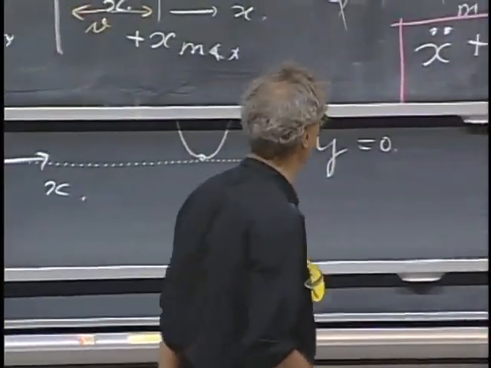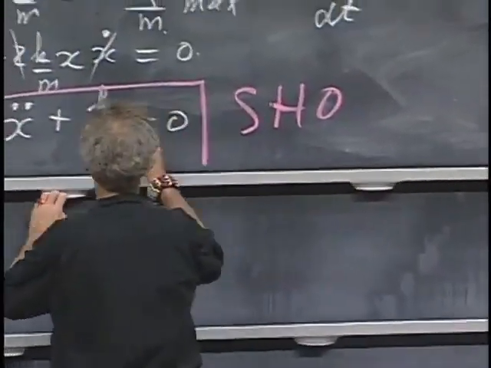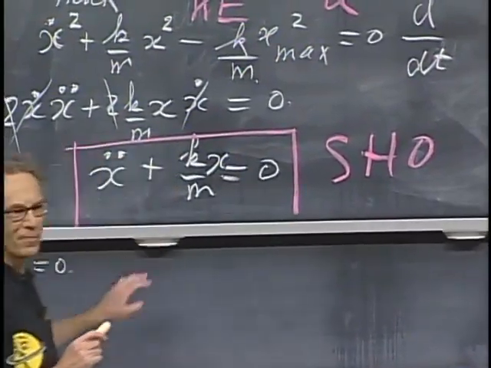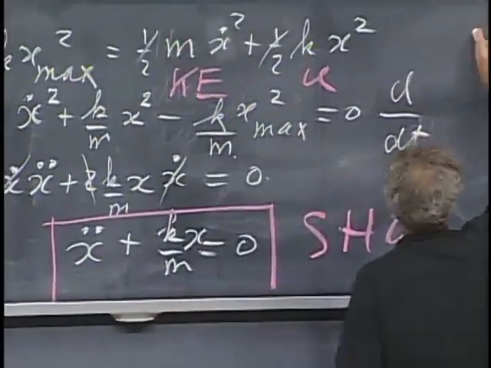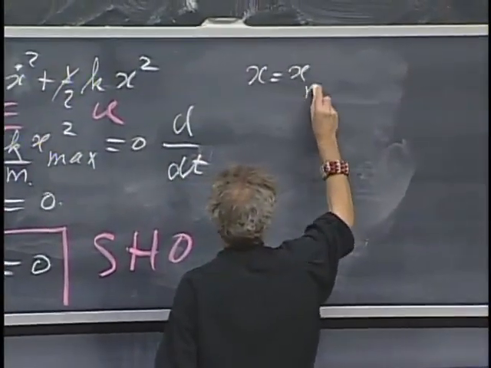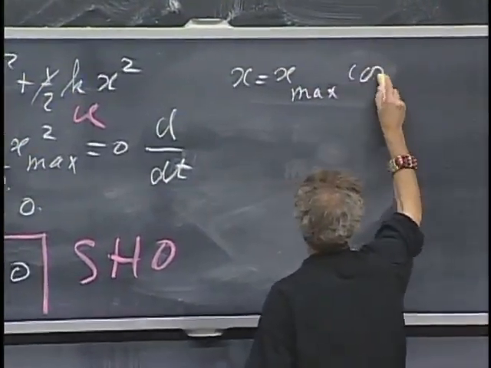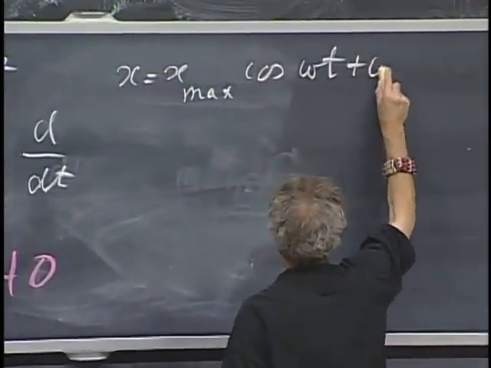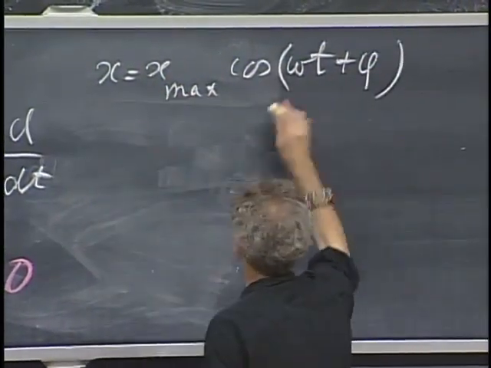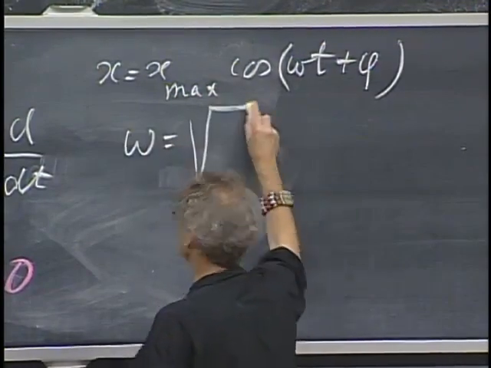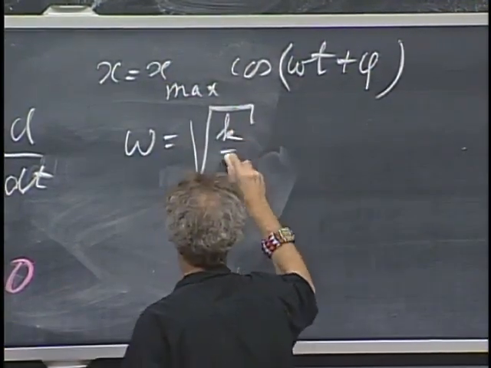We know the solution to this equation. There's an x here. I heard someone mention the x. Thank you very much. The solution is x equals x max times the cosine of omega t plus phi. This is the amplitude, and omega equals the square root of k over m.